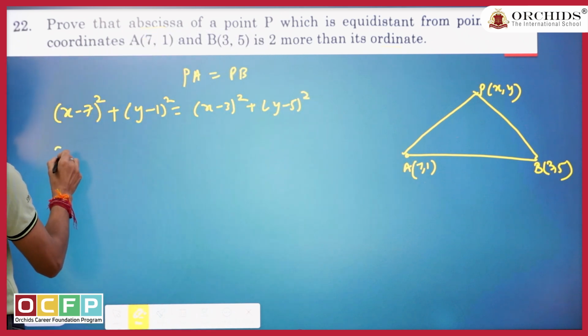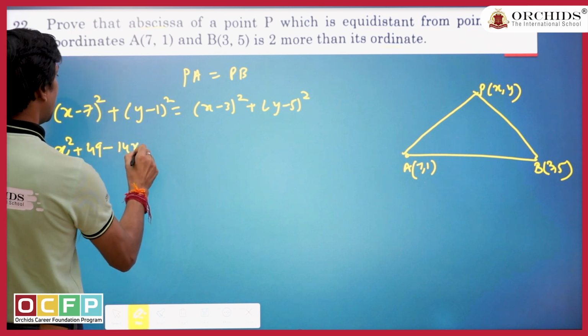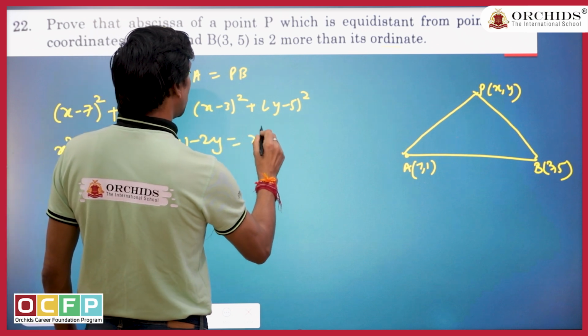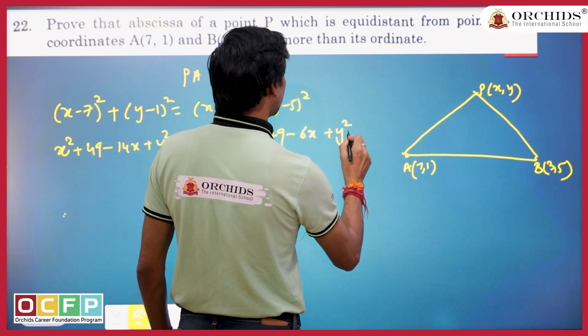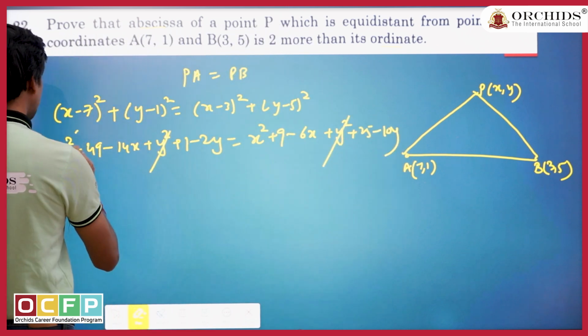So if you open it, what will you get from this side? x square plus 49 minus 14x plus y square plus 1 minus 2y, which is equal to x square plus 9 minus 6x plus y square plus 25 minus 10y. We can see y square will cancel with y square, x square will cancel with x square.